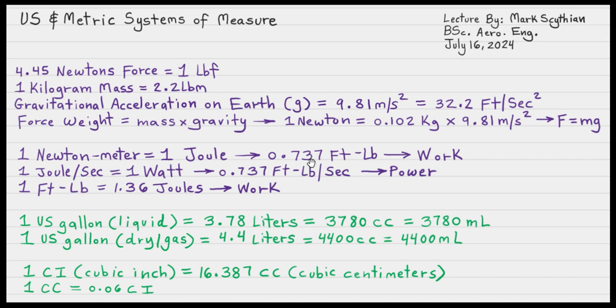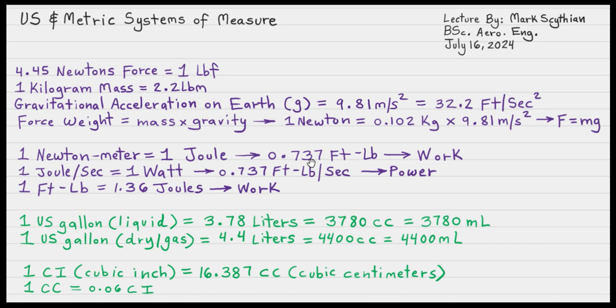So weight itself is the product of mass times gravity. Gravity itself is actually an acceleration consistent with the mass radius of a celestial body, i.e. a planet.